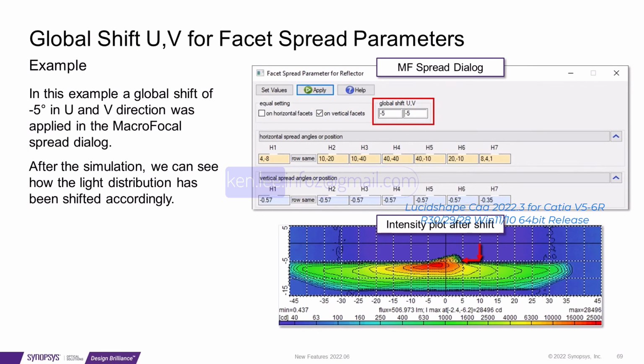In this example, a global shift of -5 degrees in U and V direction was applied in the MF spread dialog. After the simulation, we can see how the light distribution has been shifted accordingly.